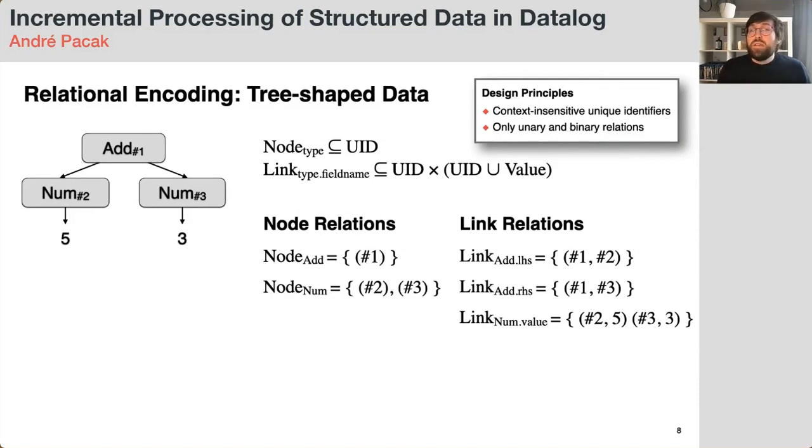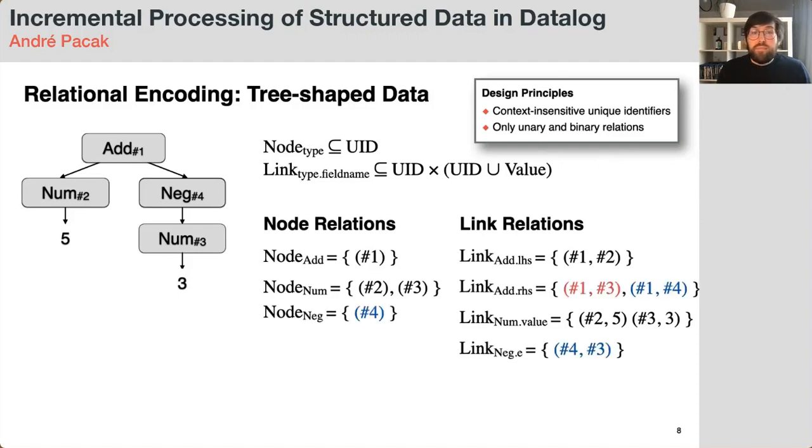But what happens if we change this tree by negating the right-hand side child? We now need to adapt the input encoding as well. We have a new node relation for the negation nodes, and we have a new link relation tuple that connects the negation with its child.